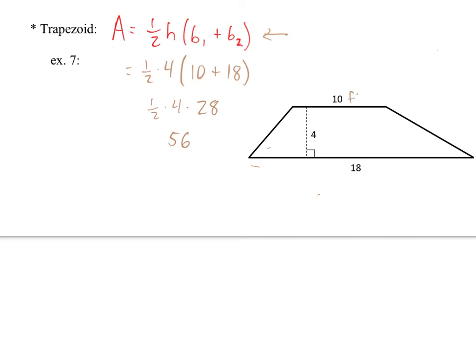Maybe let me throw units in this one just so I can feel a little bit more like a self-respected teacher. If those were all feet, then my final answer would be 56 feet squared. So you'd have to be able to fit 56 of those little 1 foot by 1 foot boxes inside of that whole thing. Questions?